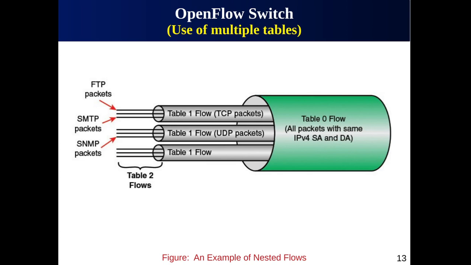Okay, and in this figure you can see an example, an entry in table 0. We have three tables, table 0, table 1, table 2, where table 0 is the first table. So let us focus on this example. We have an entry in table 0, and this entry defines a flow consisting of packets traversing the network from a specific source IP address to a specific destination IP address.